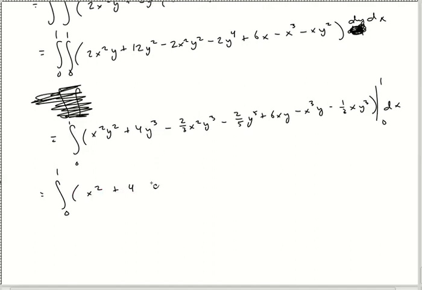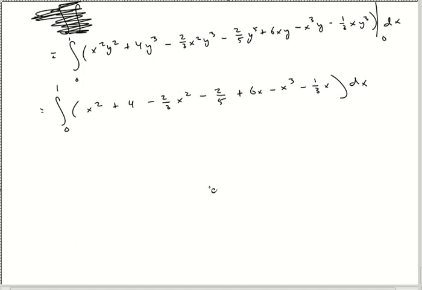So this is just a 4 now. 2/3, oh, that's going to be a minus, sorry. See how I changed the sign there? 2/3 x squared. 2/5 by itself, 6x minus x cubed minus 1/3 x, dx.